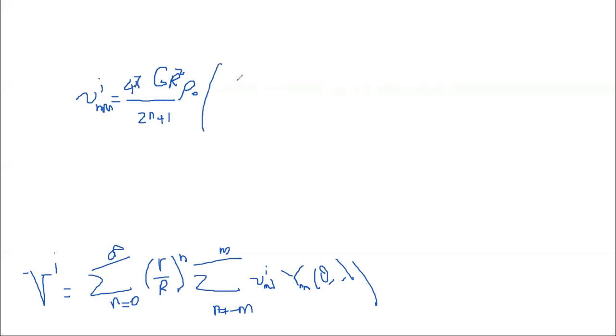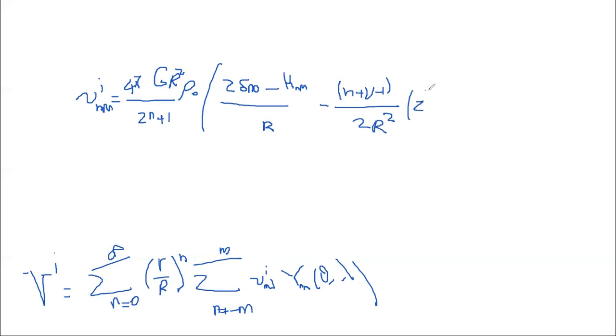It will be z to n with Kronecker delta, minus spherical harmonics of the topography, and minus n plus nu minus 1, divided by 2R squared, Z squared delta n 0, minus H squared, and that's the spherical harmonics.